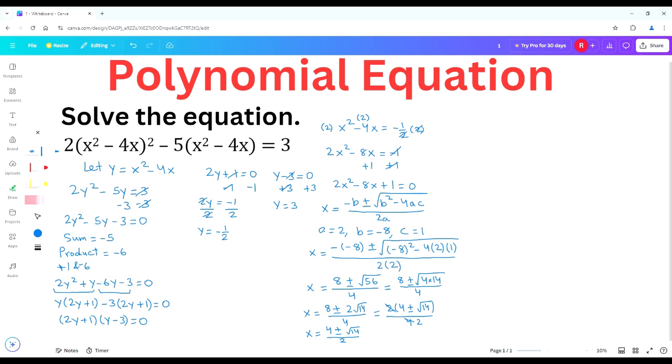Now we can analyze the second case, y equals 3. We can set this equation equal to 0 by subtracting 3 from both sides.